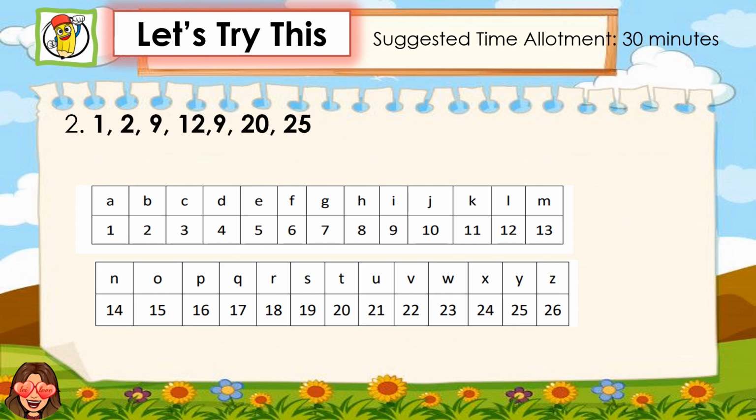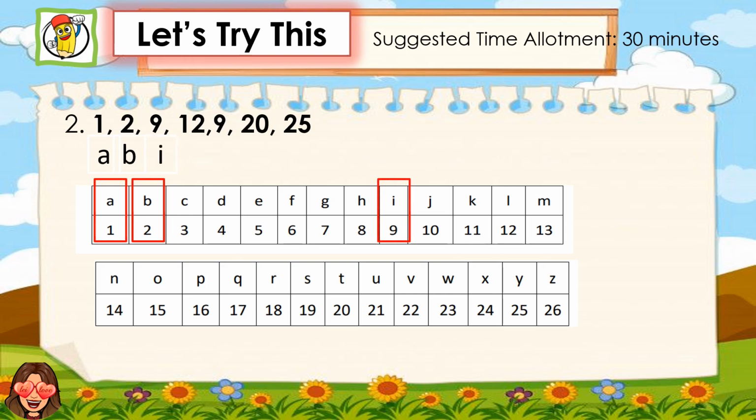For number 2, we have 1, 2, 9, 12, 9, 20, and 25. Let's take a look at number 1. The letter that corresponds is letter A. Next, number 2. That's letter B. How about for number 9?